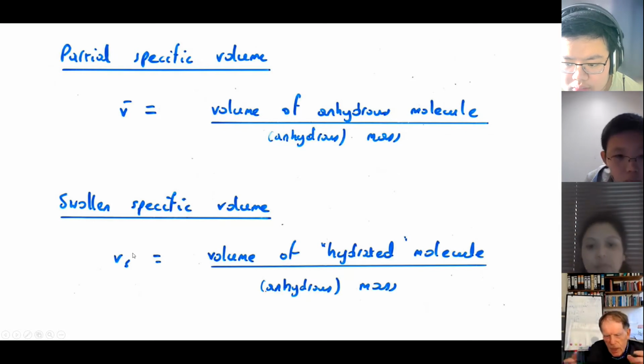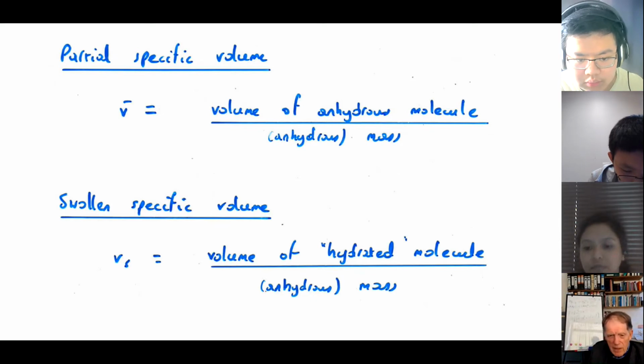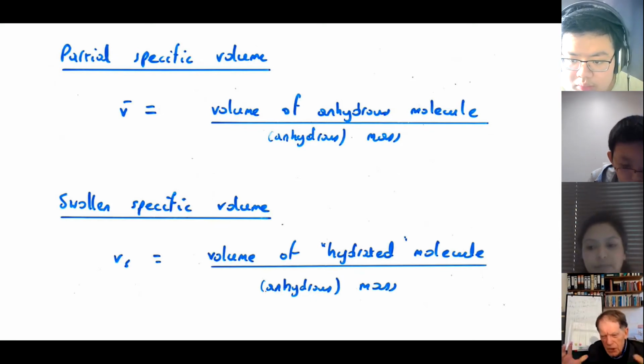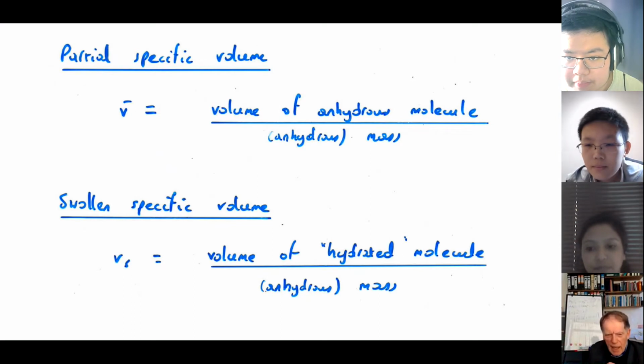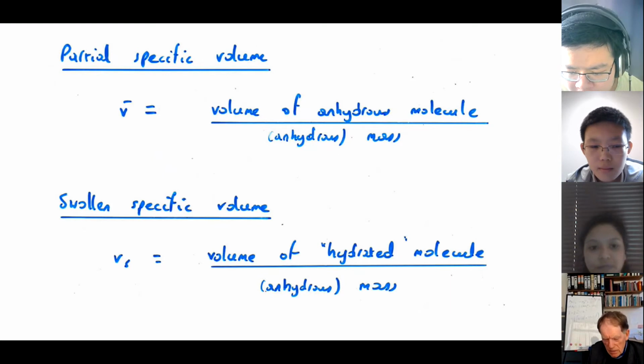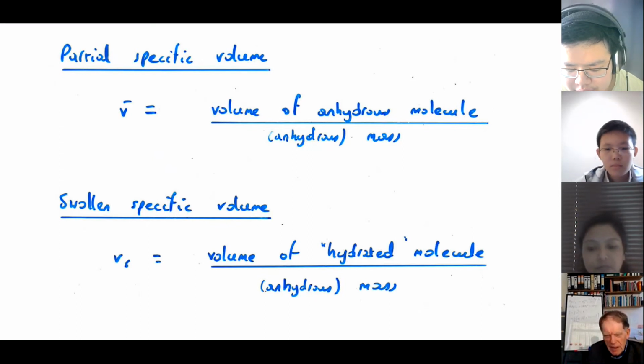And how much a molecule swells depends on the nature of the molecule and its composition. We generally find that sugars, polysaccharides, or molecules with lots of sugar on tend to have higher swollen specific volumes compared to protein molecules. And that's why polysaccharides and mucins and others are often referred to as hydrogels.